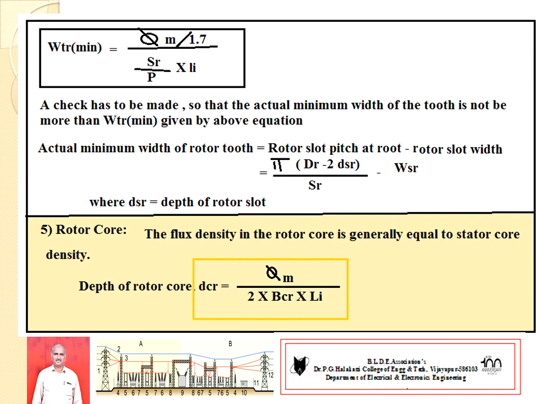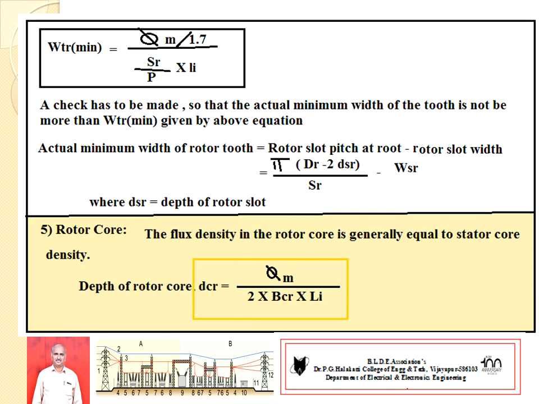A check has to be made so that the actual minimum width of rotor teeth should not be less than the WTR minimum, which may be calculated using the above expression. The actual minimum width of rotor teeth equals the rotor slot pitch at root minus the rotor slot width.